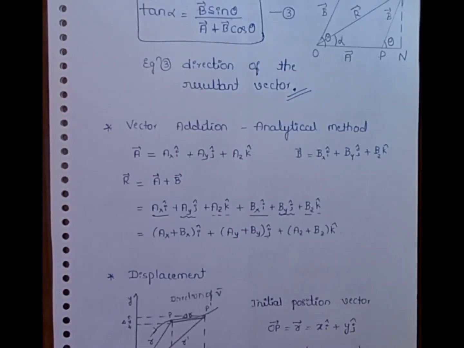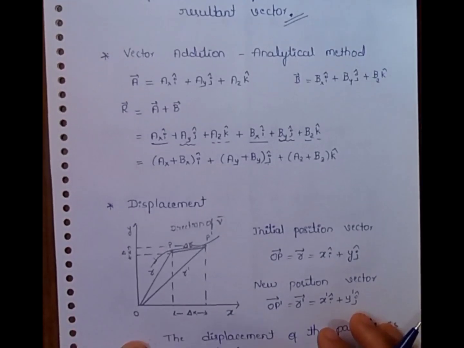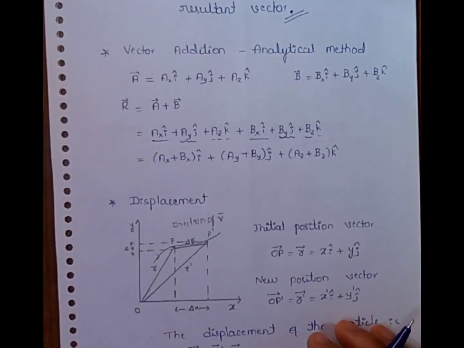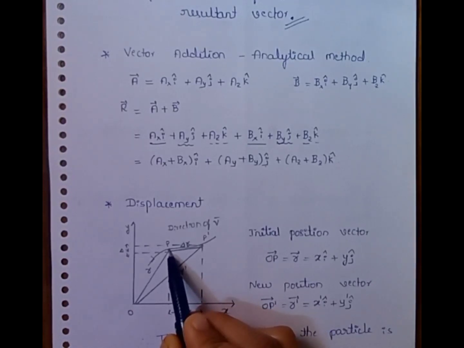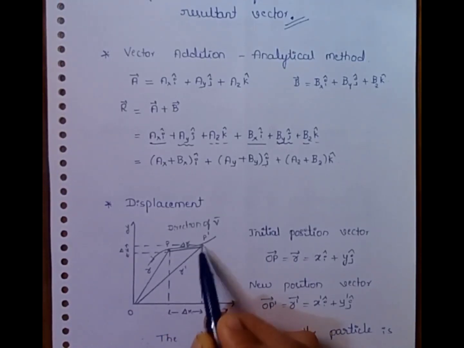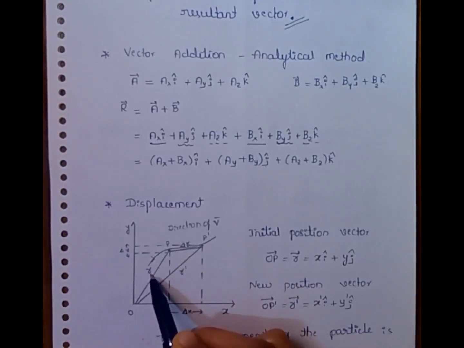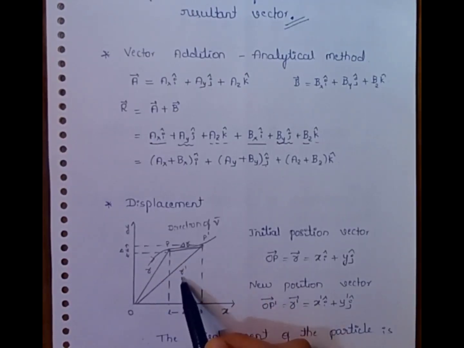Now we have to know the displacement concept. Let us consider a point P, which is displaced from P to P dash, and OP is equal to R, OP dash is equal to R dash. R and R dash are the position vectors.